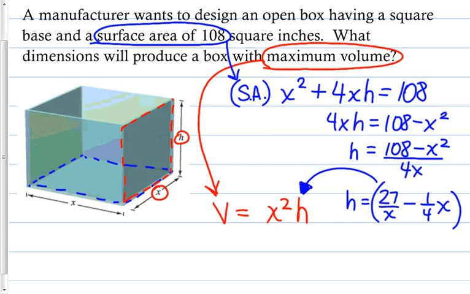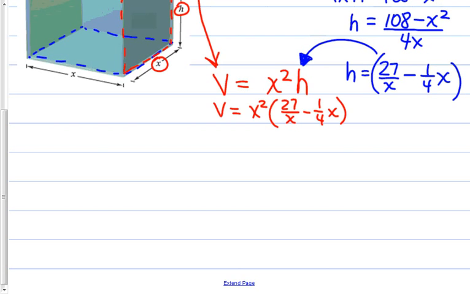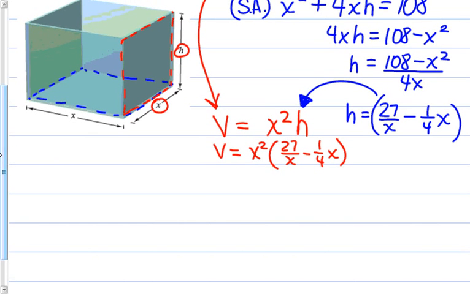Okay, these problems are the same as the problems from before, just that now it's volume and surface area. All right, so volume is now x squared times 27 over x minus 1/4 x. Of course, you need to simplify that because it's yucky. So multiply x squared, or FOIL it out.